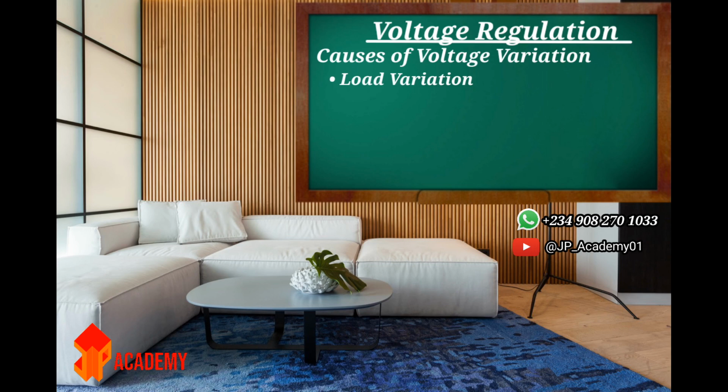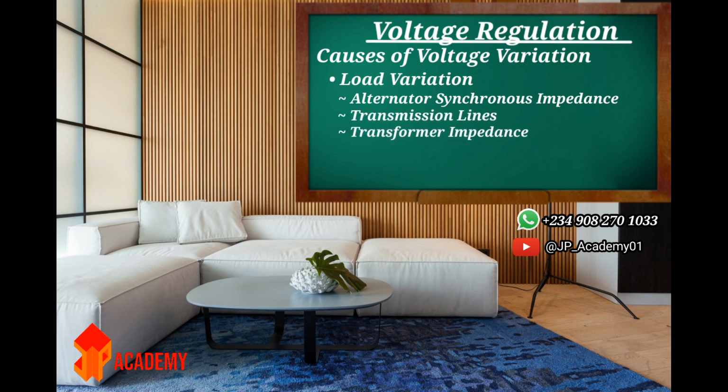When the load on a supply system is increased, the voltage at the consumer premises falls due to an increase in voltage drop in the alternator synchronous impedance, transmission lines, transformer impedance, feeders, and distributors. The reverse would also happen should the load on the power system fall or drop.